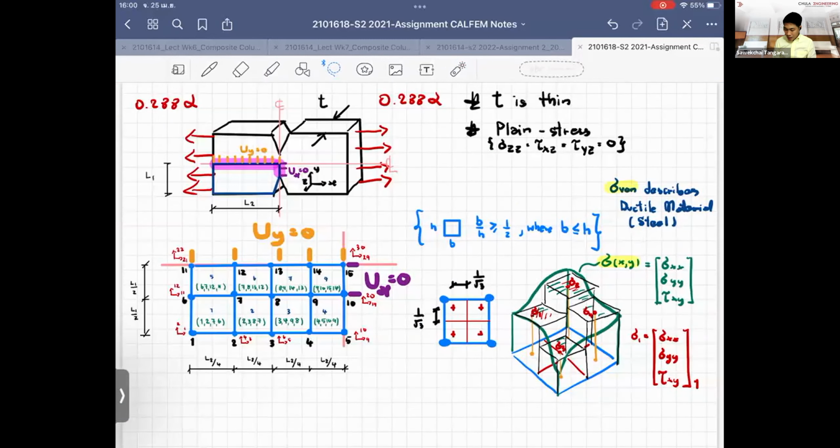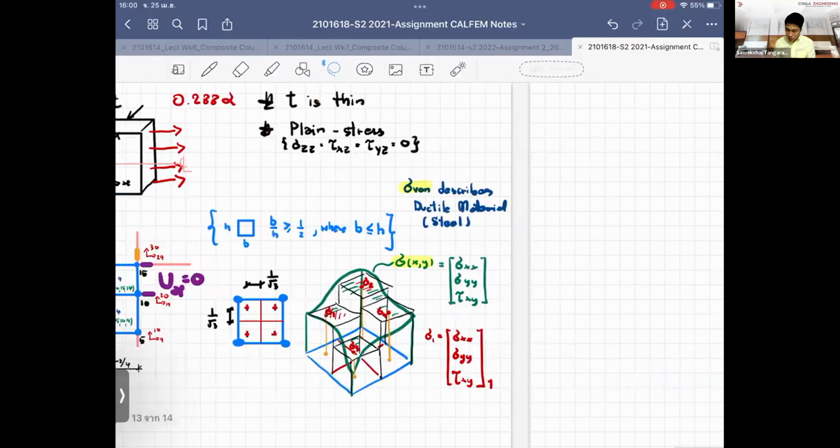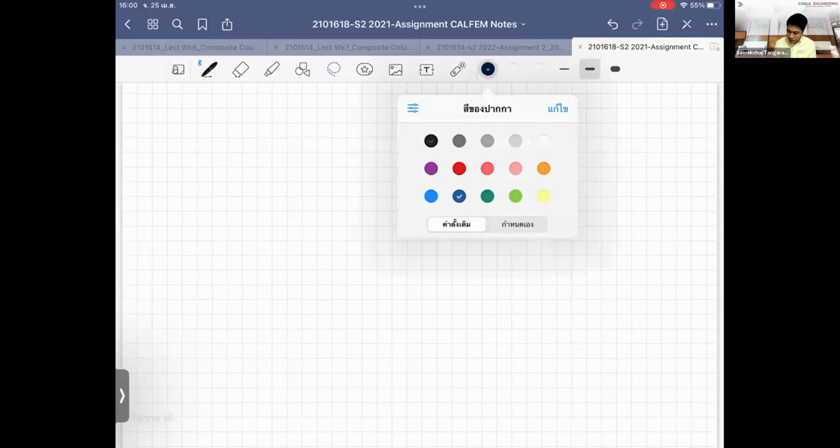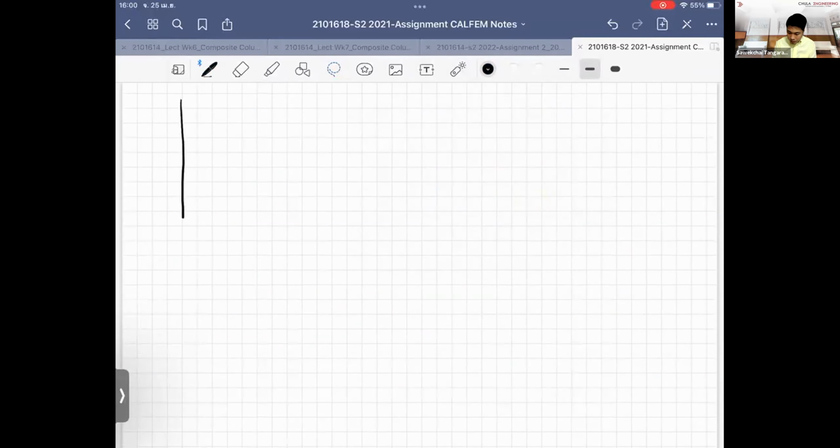I can say something a bit more here if you want. Remember the concept of the Gauss quadratures. If you recall, we had very simple basic mathematics.